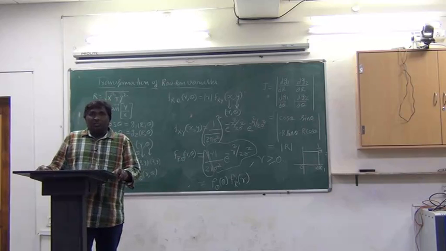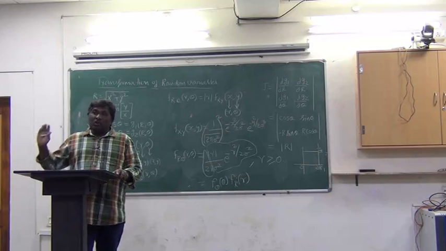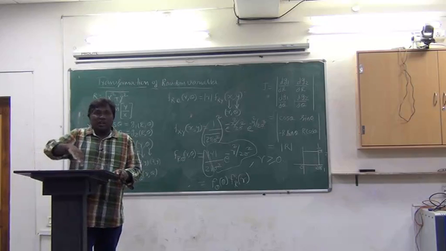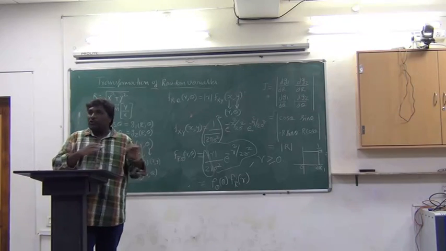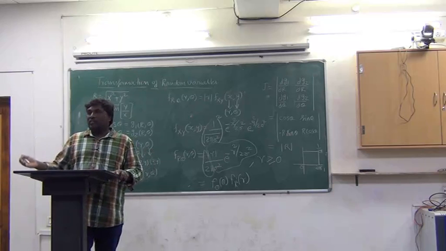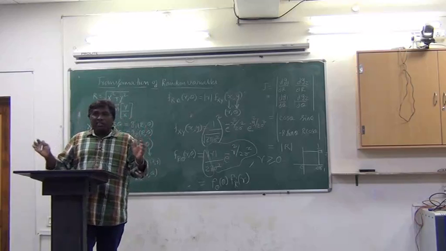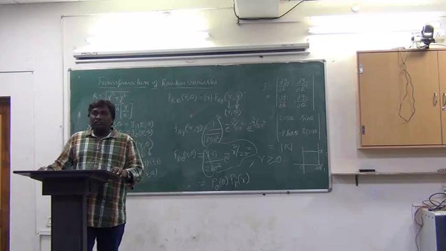That gives you Gaussian from Rayleigh also. Intuitively we are able to understand that, but we are going to discuss the formal way of getting the Gaussian distributed data from the Rayleigh distributed data. All of this is what we call transformation of random variables.